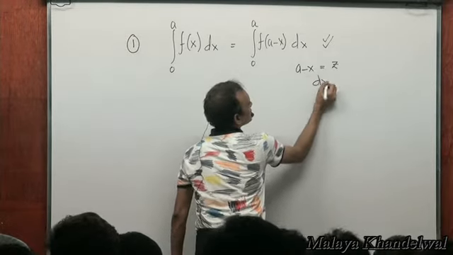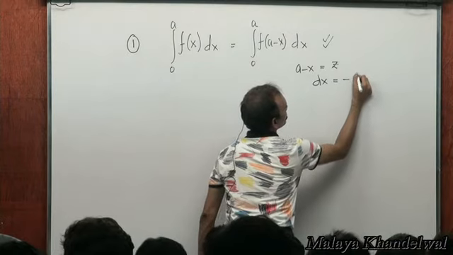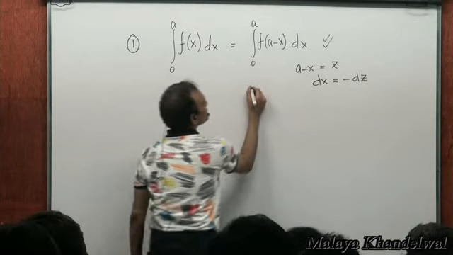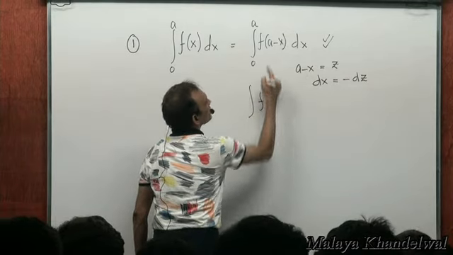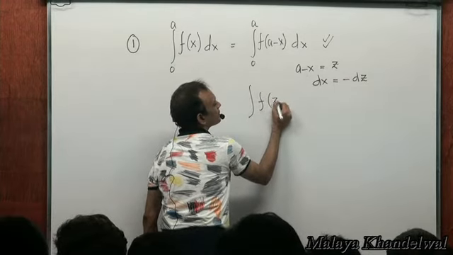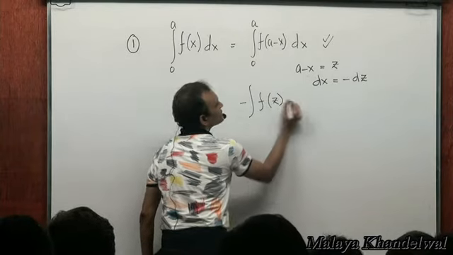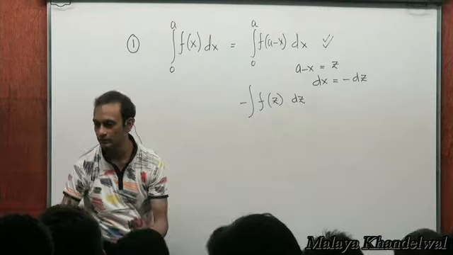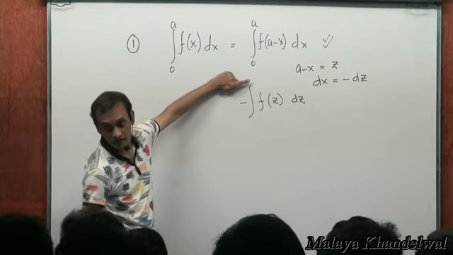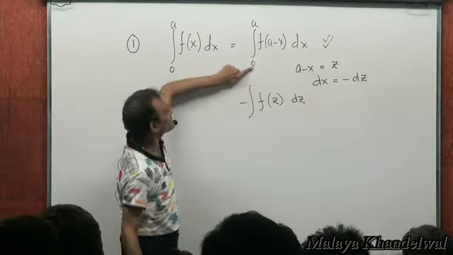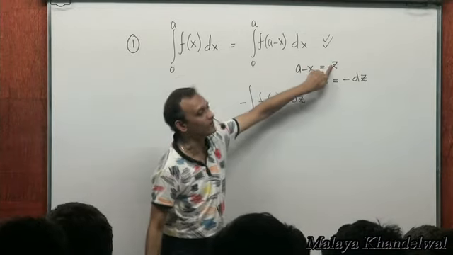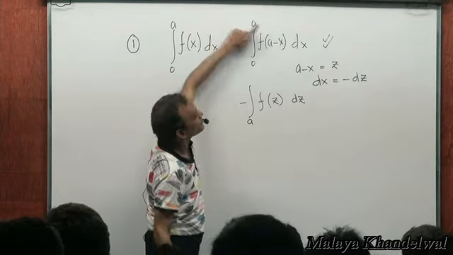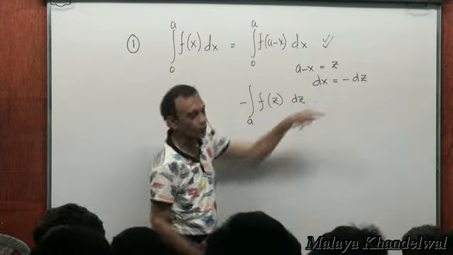Then dx will become minus dz. Then in this integral, a minus x is z and dx is minus dz. I'm going from the x domain to the z domain, so the limits will also be in terms of z. So when x is 0, z will be a. When x is a, z will be 0.